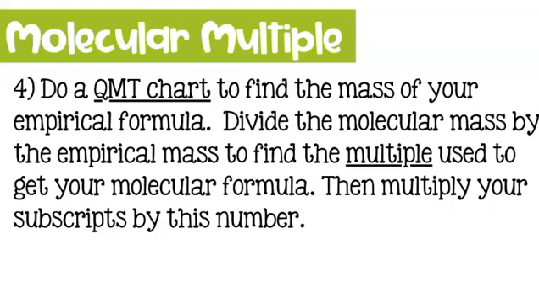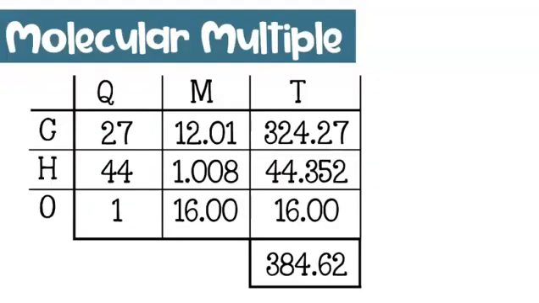We then calculate the mass of our empirical formula. So let's say we have 27 carbons, 44 hydrogens, and 1 oxygen in our empirical formula. We then multiply each of those numbers by their masses from the periodic table and add them together to get an empirical formula mass of 384.62.